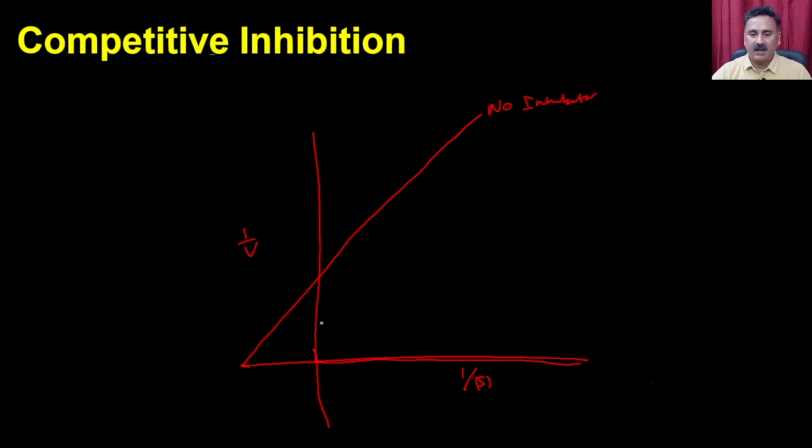And as you increase the inhibitor, it will go like this. It will go like this.